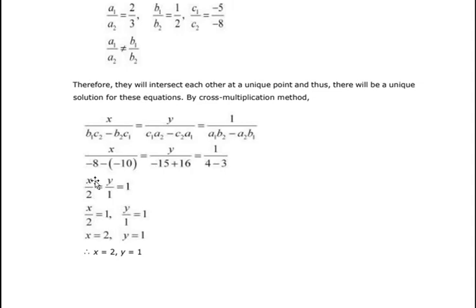After putting the values and solving, x by 2 equals to y by 1 equals to 1 by 1, which is a whole number. Now you have to compare this whole number with both. x by 2 equals to 1, x is equal to 2 into 1, 2, cross multiplication. Similarly, y by 1 equals to 1, so y equals to 1. Thus we are getting the solution very easily, right? It is less time consuming.